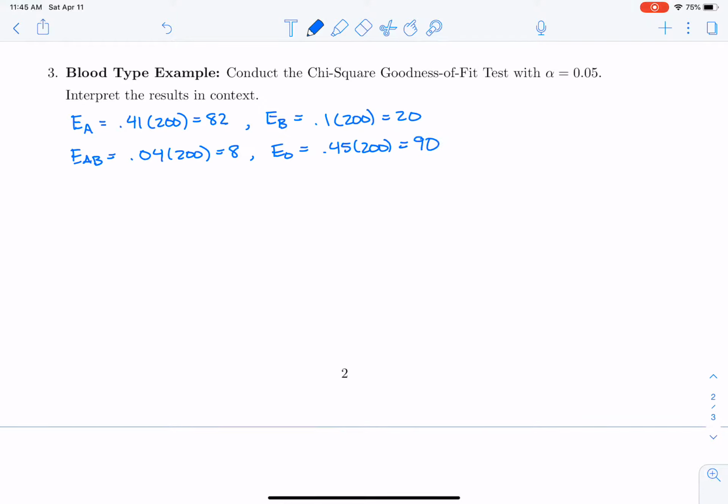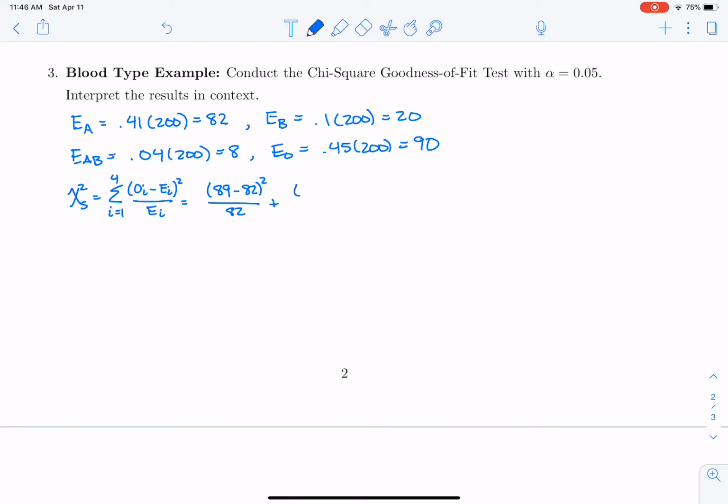And now we want to do our chi-squared statistic. That's going to be the sum from i equals 1 to 4 of O sub i minus E sub i, squared, over E sub i. And in this case, we had 89 observations of blood type A. 82 were expected. We're going to square that and divide by 82.